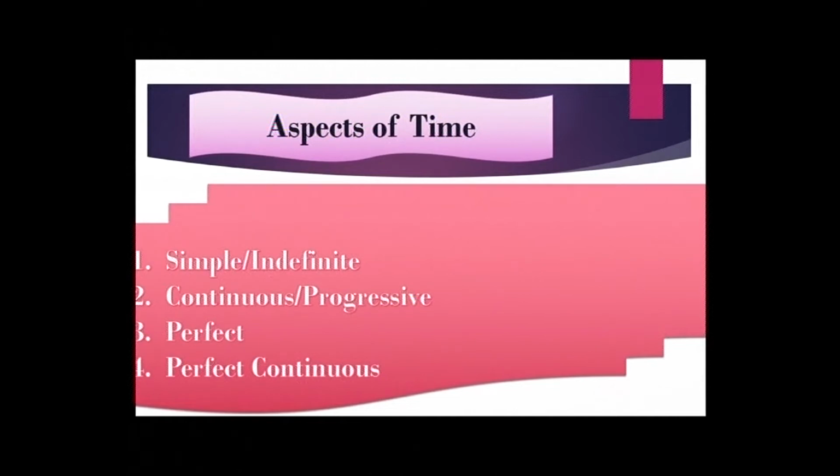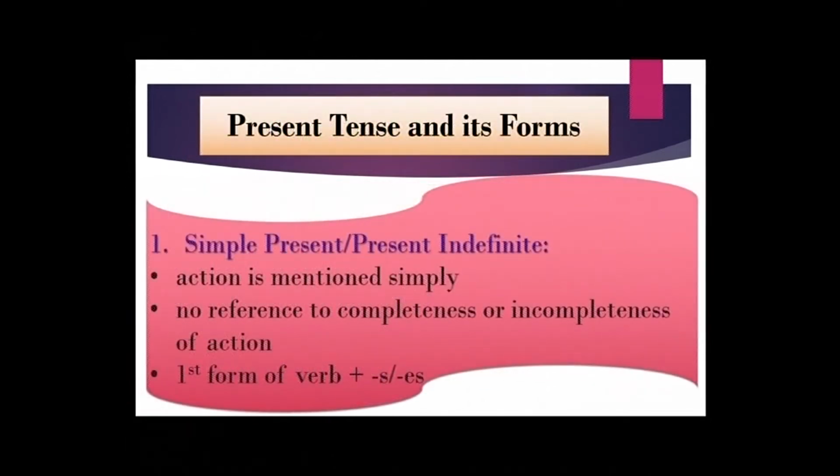These are the four parts in which each of the tense is divided further. Now, present tense and its forms or aspects. Now, we will study about the present tense and its forms. You have done these earlier as well.